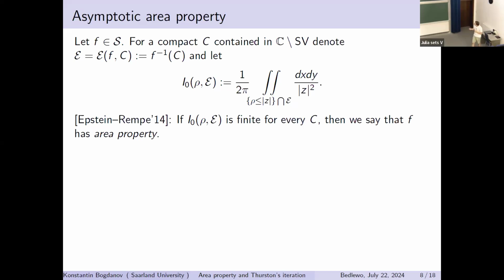It was introduced by Epstein and Rempe in their paper in 14. I think also the relevant discussion was, for example, in this very first paper by Lubitsch and Yeremenko on entire functions.